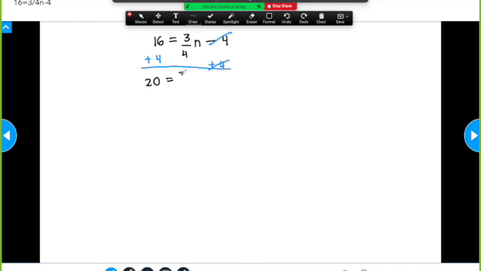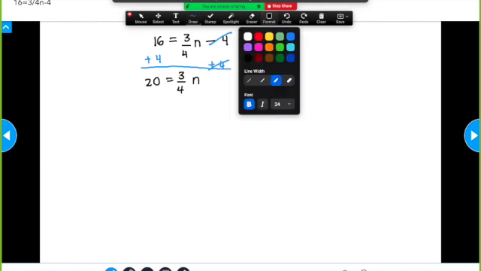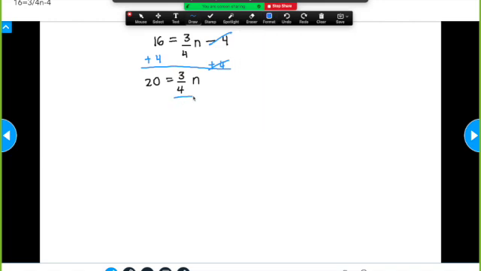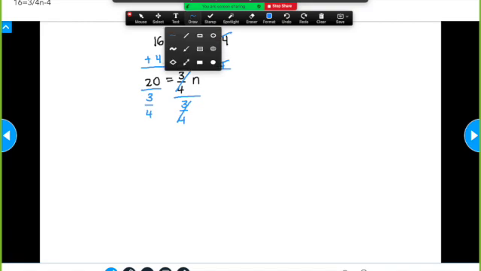And then we have here 3 over 4 times n. Now, since we're multiplying by n, the opposite operation would be to divide by 3 over 4 on both sides. So if I divide by 3 over 4 on both sides, that cancels out that 3 over 4, and you're left with 20 divided by 3 over 4.